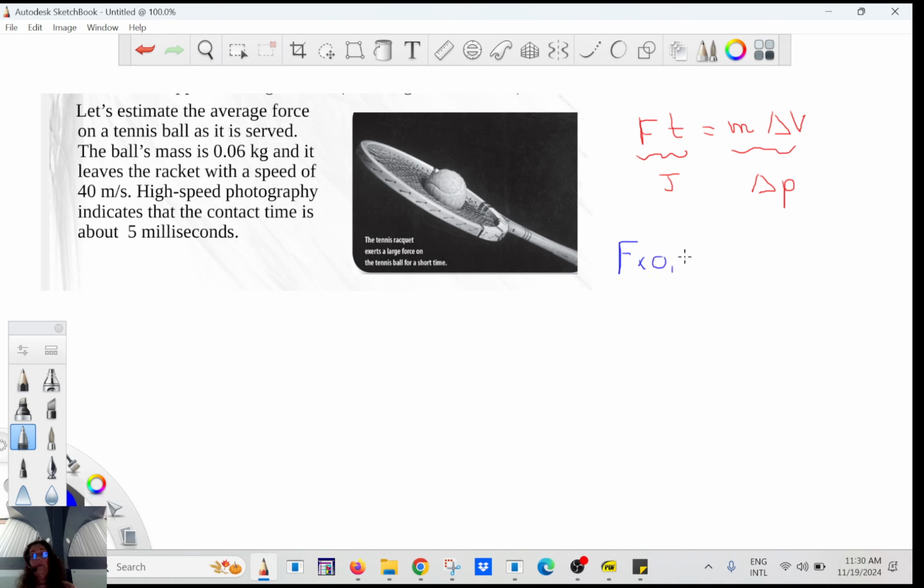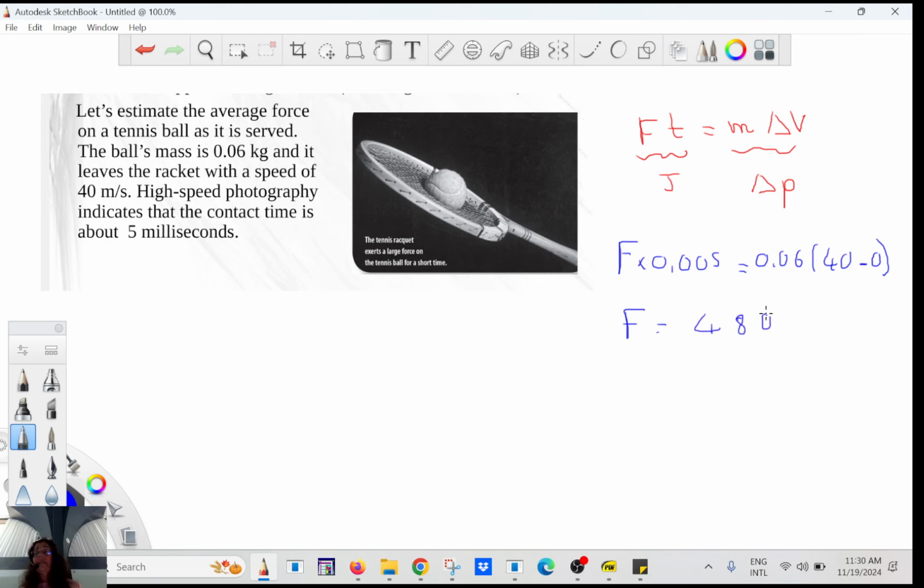0.005 seconds. So the force times 0.005 equals the mass, 0.06, times the change in velocity, which will be the final, 40, minus initial. So that's going to be, yes, very good.